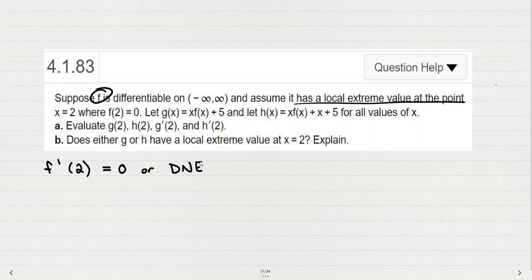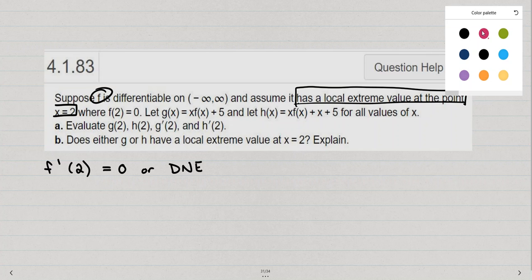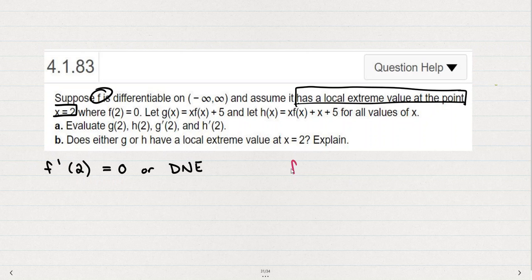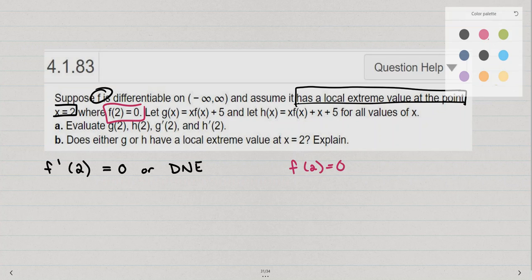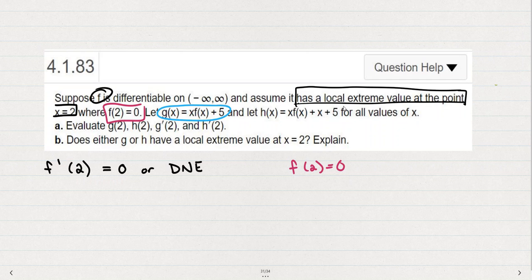We're given that f has an extreme at the point x equals 2. Next, we can pull out that f of 2 is 0, and we can pull out the definitions for g and h in relation to f.